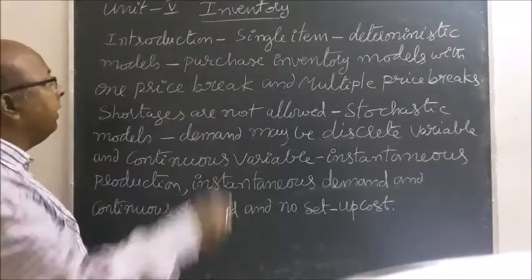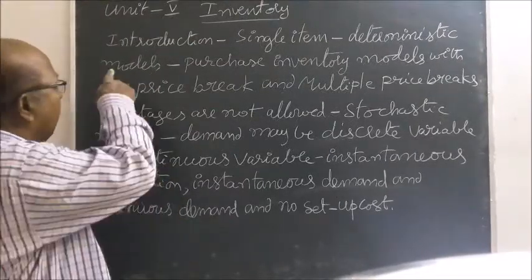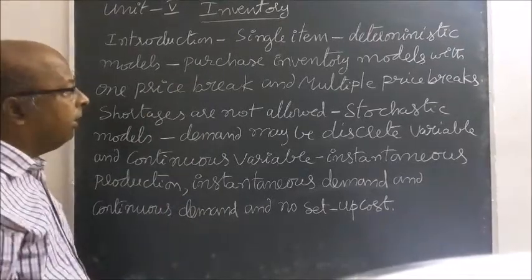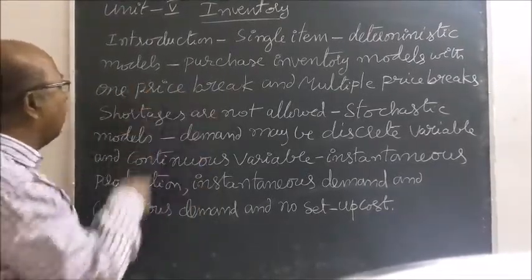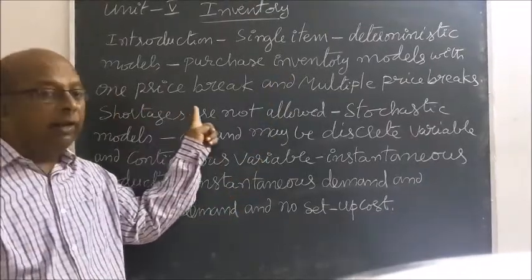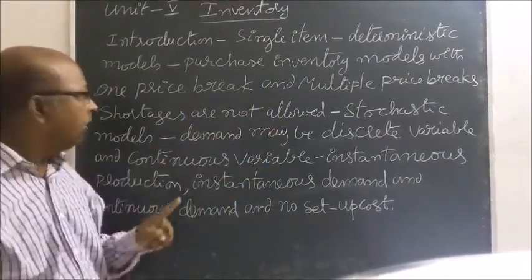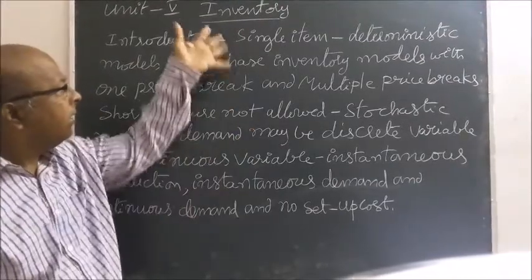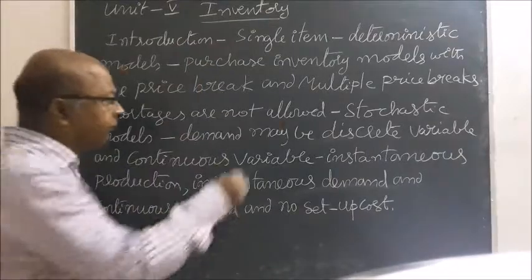Unit 5: Inventory. Introduction. Single item deterministic models. Purchase inventory models with one price break and multiple price breaks. Shortages are not allowed. These are deterministic models.